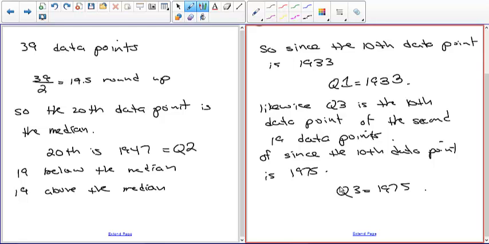If you take 19 divided by 2, you get 9.5, round that up to 10, so we took the 10th data point of the bottom 19 numbers and the 10th data point of the top 19 numbers, and we looked those up on our list and got the answer. Okay, now, the question is, what do we do if there are 38 data points?